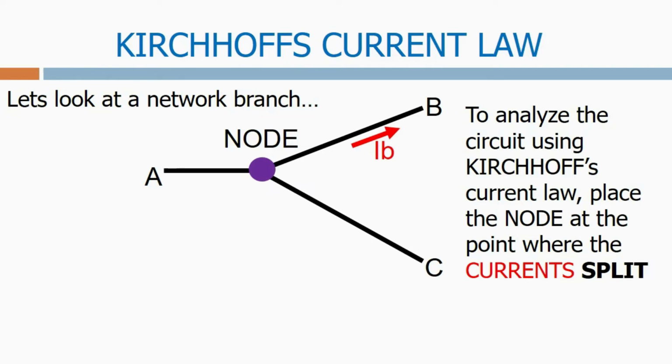The current flowing through end B is IB. The current flowing through end C is IC. The question is, what is the current flowing into end A? It's pretty simple. IA equals IB plus IC, therefore the currents balance.